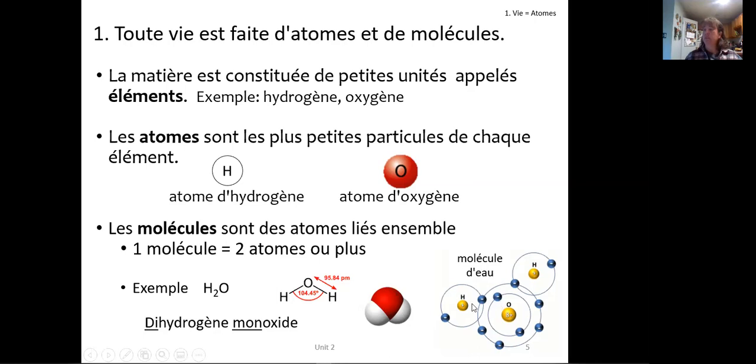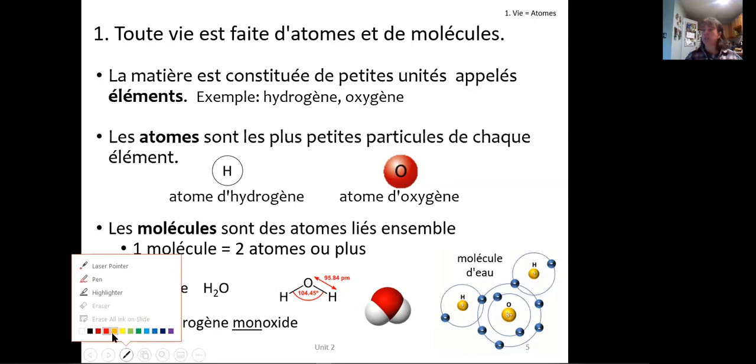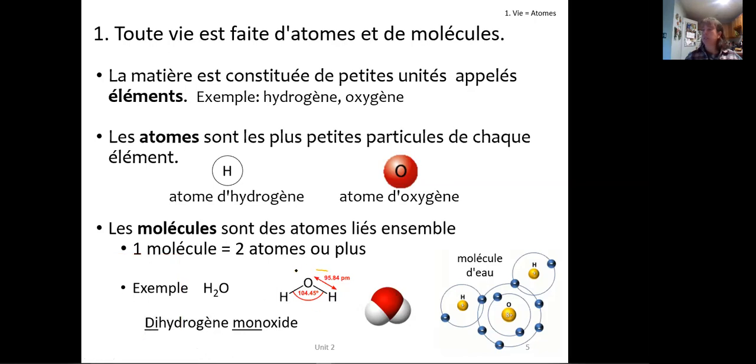There are 4 different ways of representing water. We can write out H2O, meaning 2 hydrogens and 1 oxygen. We can do it this way, in which we see the 2 hydrogens, the 1 oxygen, and we see the angle that's between the bond. Oh, I think I can circle. Cool. Okay.